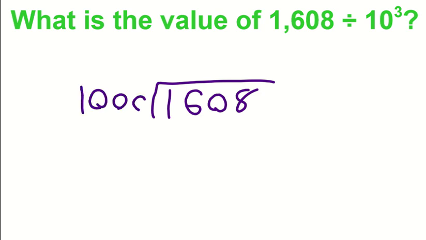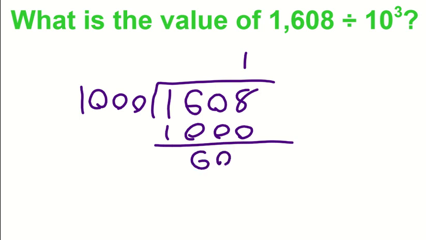So if you're working it out by actually writing out the division like this, 1,000 doesn't go into anything, goes into the 1608 one time. So we got 608. We put a decimal, add a 0. Decimal goes up, 0 goes down. Goes into 6,080, 6 times.